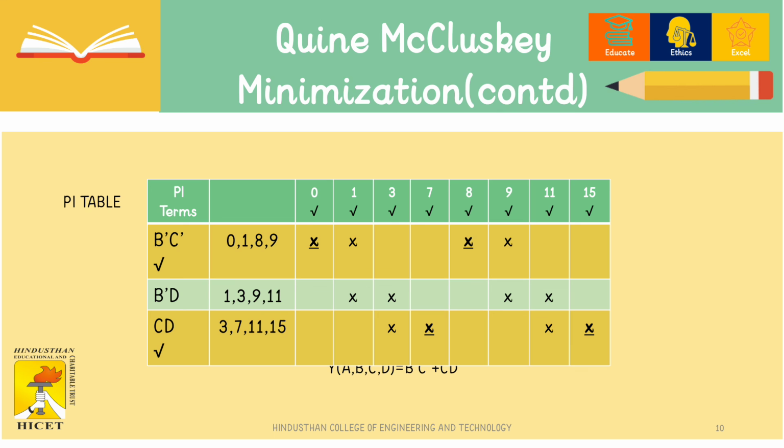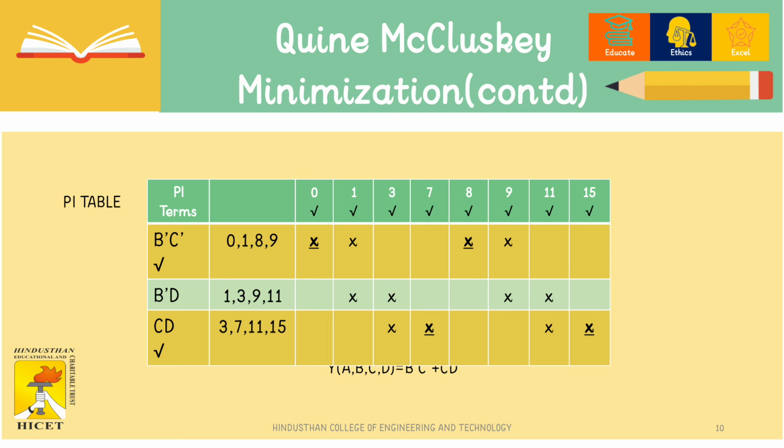So the corresponding product term for the cross mark placed in minterm 0 is b dash c dash, which is covering 0189. So I have to place a tick mark to 0189. Similarly, the next single cross is for minterm 7 and that is being covered by 3, 7, 11, 15. So I again place a tick mark to 3, 7, 11, 15 in the first row.